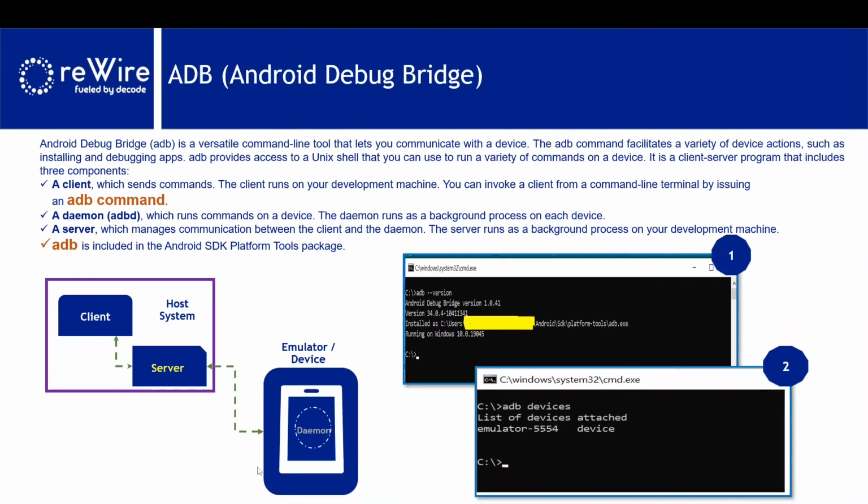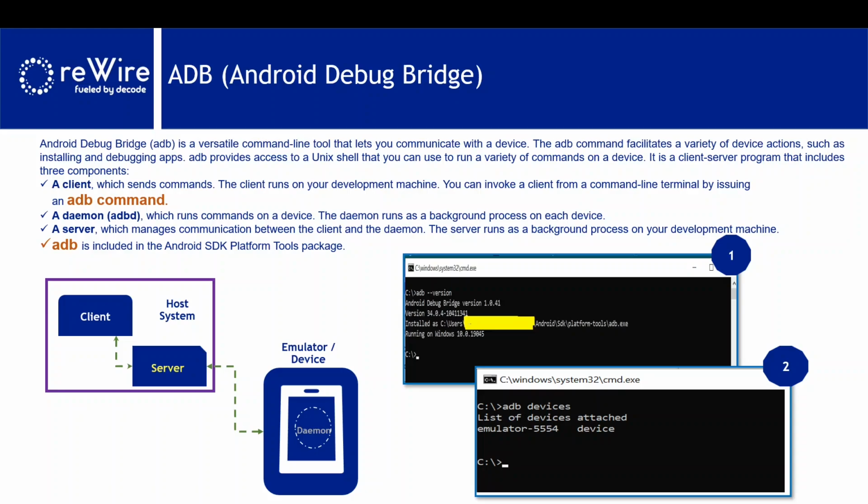Trying to understand the Android Debug Bridge, it's a command line utility tool to work with emulators or Android devices. Suppose you wanted to talk to a particular piece of software, you should have some kind of utility, right? Similarly, here there are three things you need to understand: your Windows OS and your emulator, that emulator resides on the Android OS, and your app is installed on the emulator.